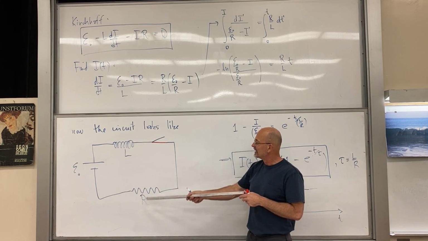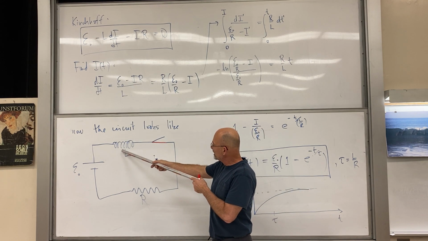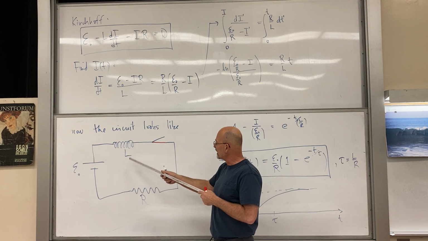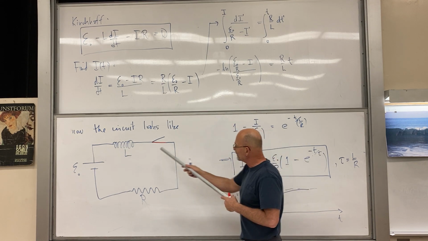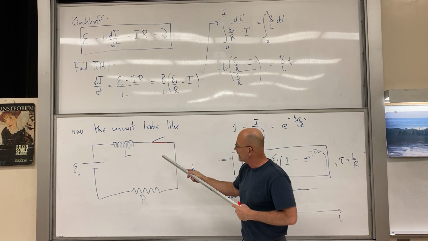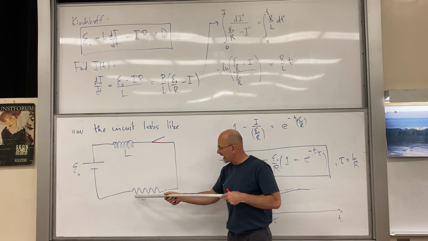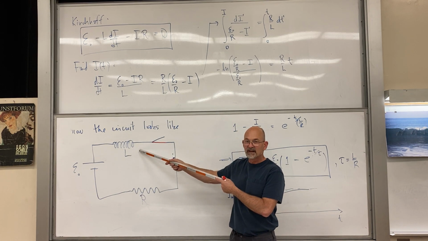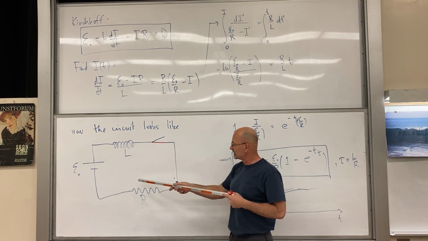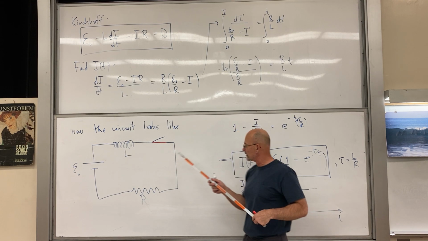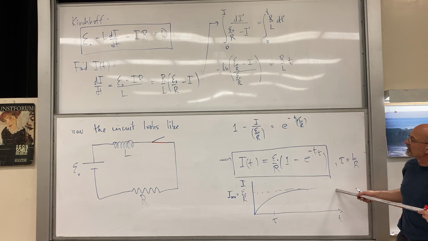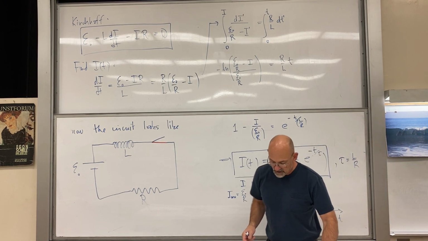It gets hot. Here you're going to store up energy, as we're going to see later, in the field. But once you reach that steady state, you've just got the current flowing, and then the circuit just behaves like the simple circuit the way we used to have them without the inductance. Then it's just Ohm's law, constant current. So this is the phase when it starts up, and this is when it's saturated. Good.